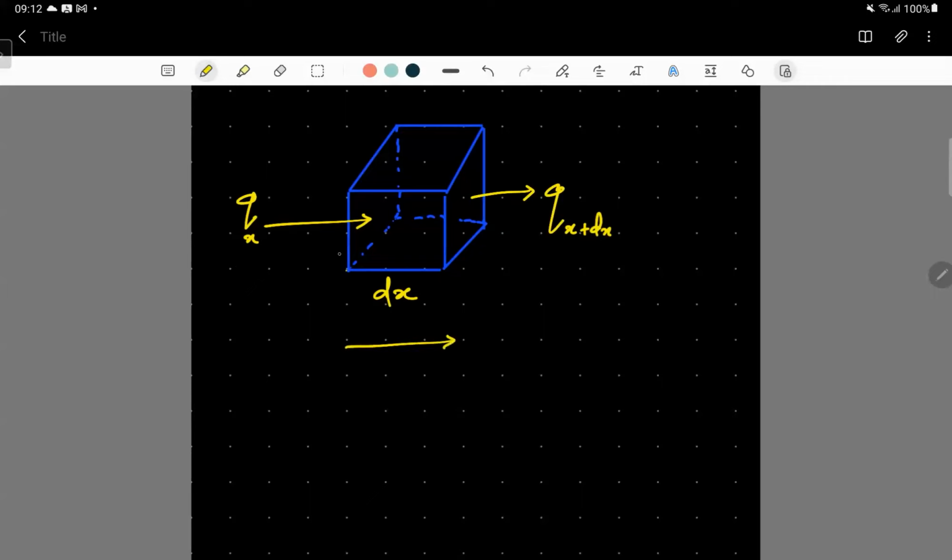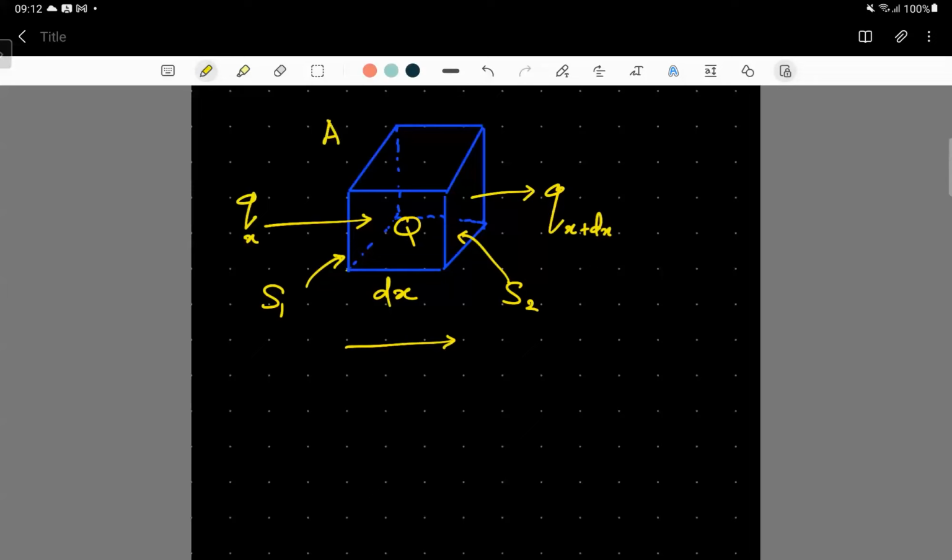Call the first surface S1 and the second S2. At surface 1, the heat flux is Qx, and the output heat flux is Qx plus dx. Then let's assume that there's an internal heat source embedded inside the control volume. Let's define it as Q, and the cross-sectional area of this cube as capital A.